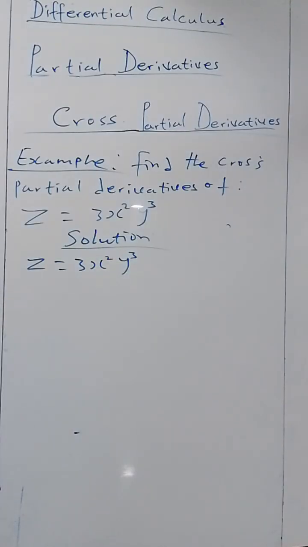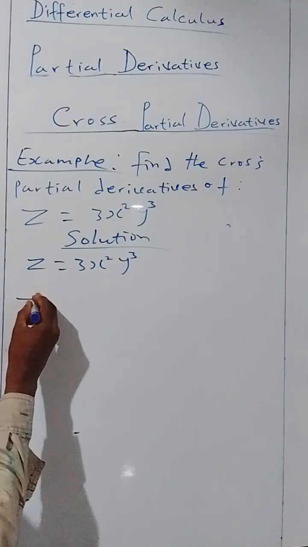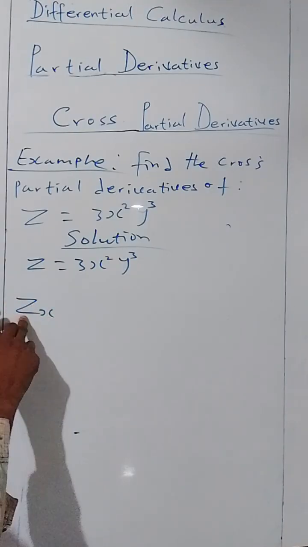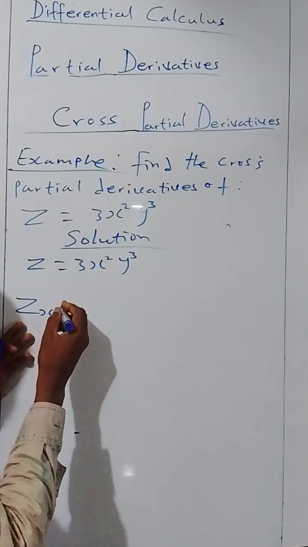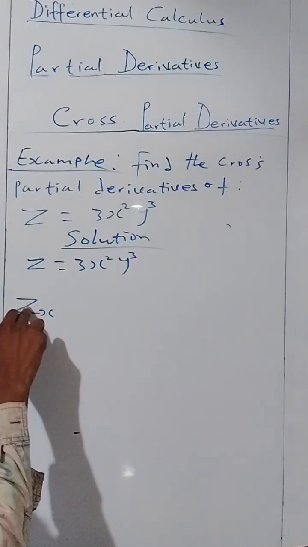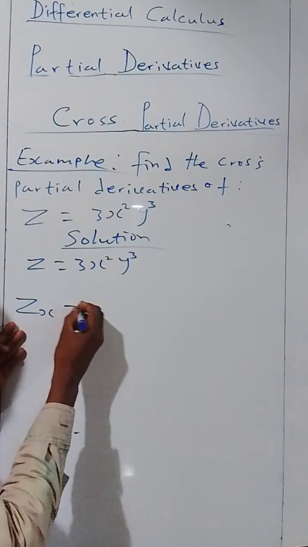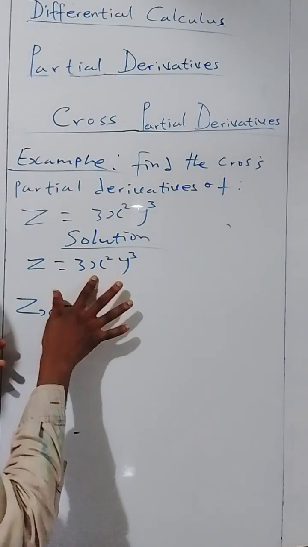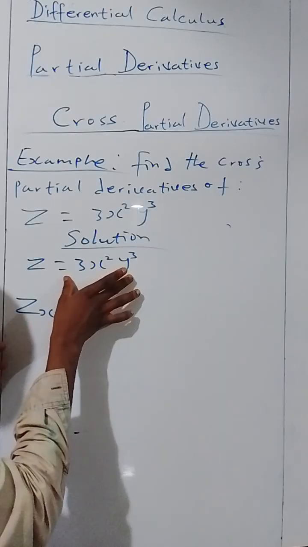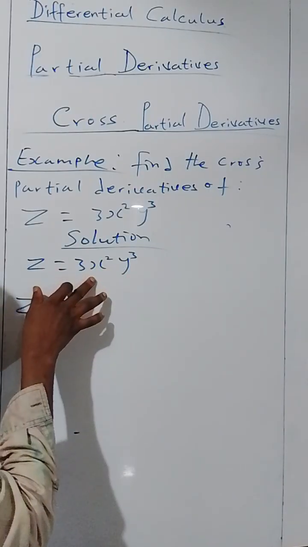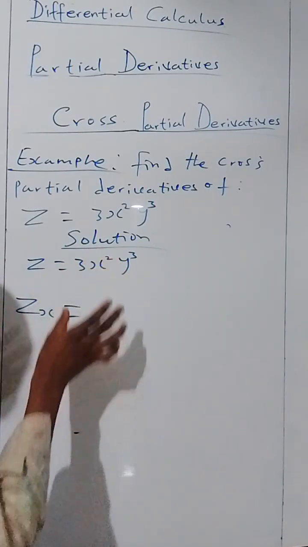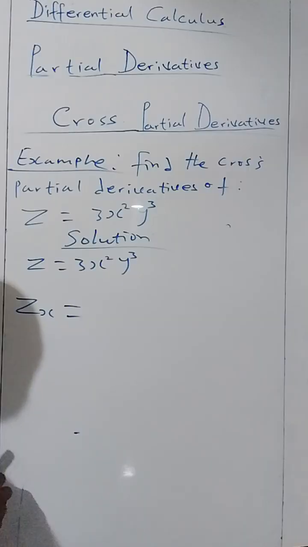What we are going to do is first find the first order partial derivatives. Remember, the first order partial derivative of z with respect to x is represented by z suffix x, which is equal to... This is a multiplicative function, so we apply the multiplicative rule.